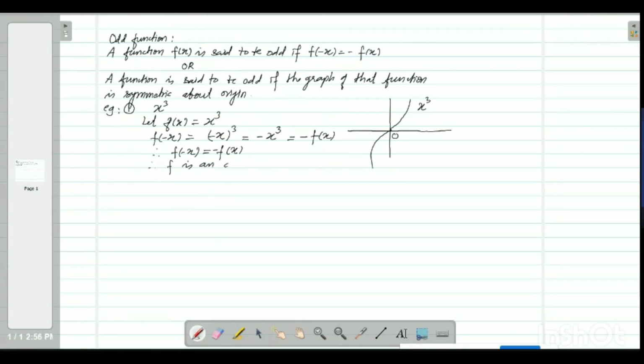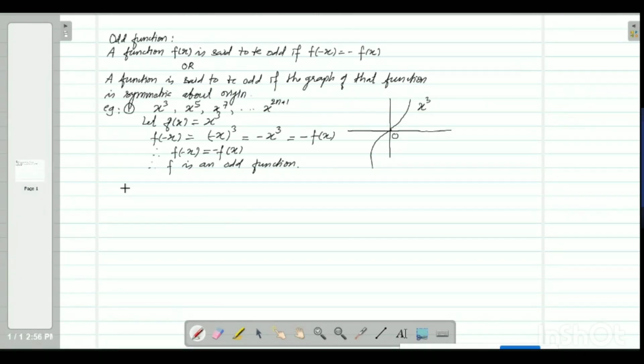Similarly, x raised to 5 is odd, x raised to 7 is odd, and so on up to x raised to 2n plus 1 is an odd function.